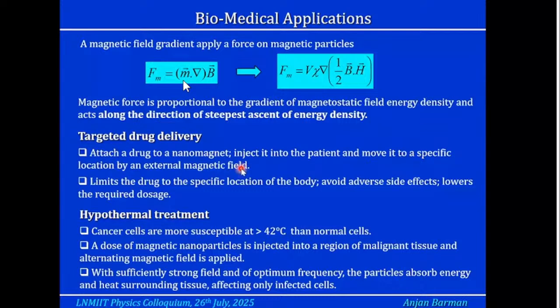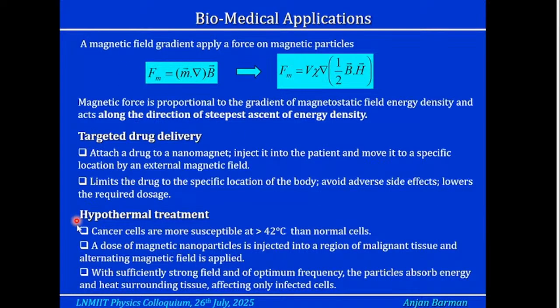If you withdraw the magnetic field, the drug will be released at that particular point. So it limits the drug to the specific location of the body, and only the malignant tissues will be affected by the drug, not the healthy tissues. It avoids adverse side effects and lowers the required dose.